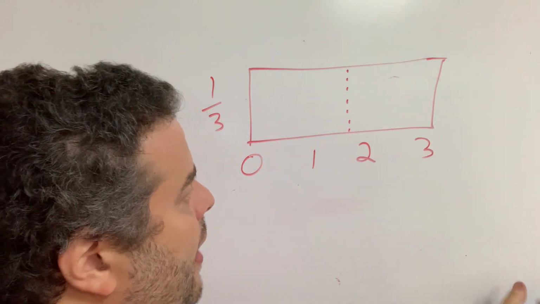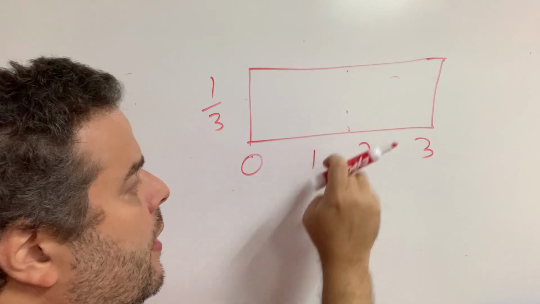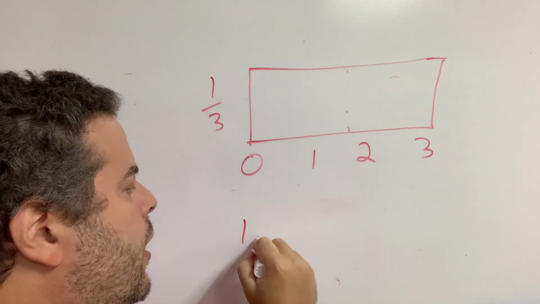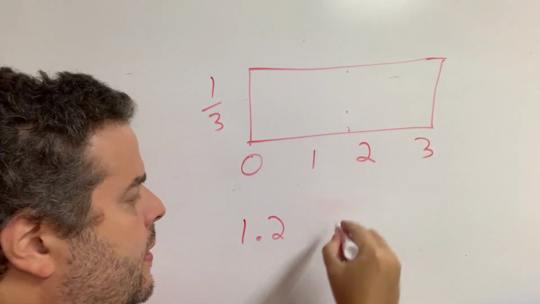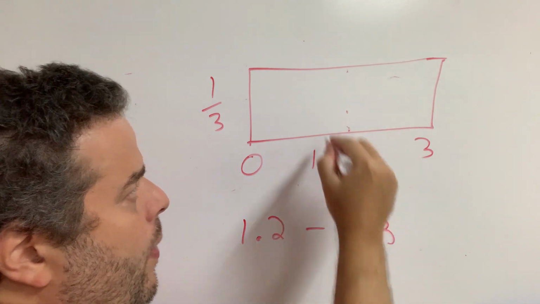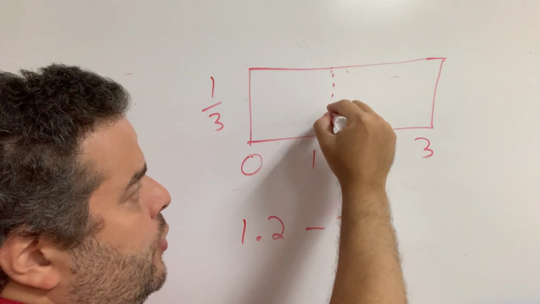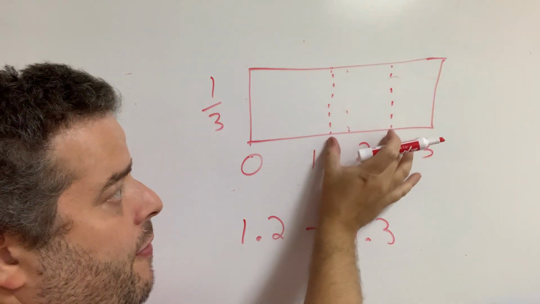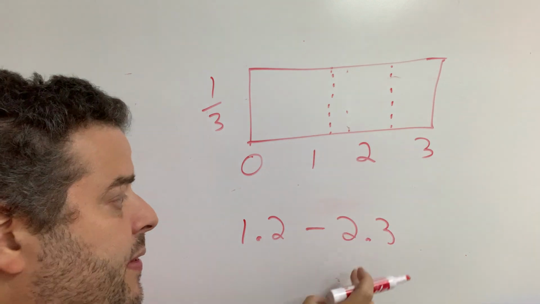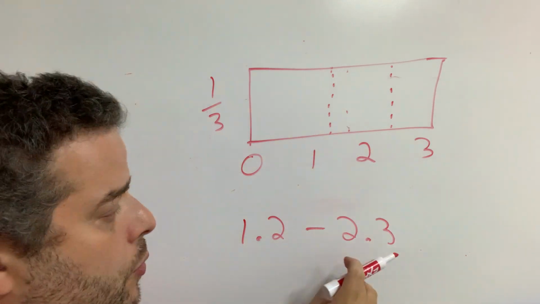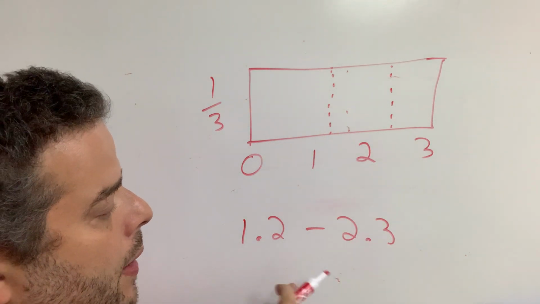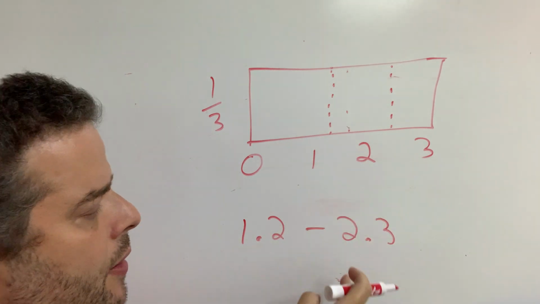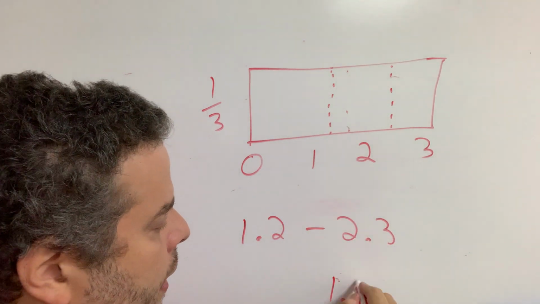Let's say, for example, I want to find the proportion of measurements between 1.2 and 2.3. I want to find the area between 1.2 and 2.3. Well, first I have to find the length of the base, and it's the difference between these two: 2.3 minus 1.2, because again, it's the length, I would end up with 1.1.